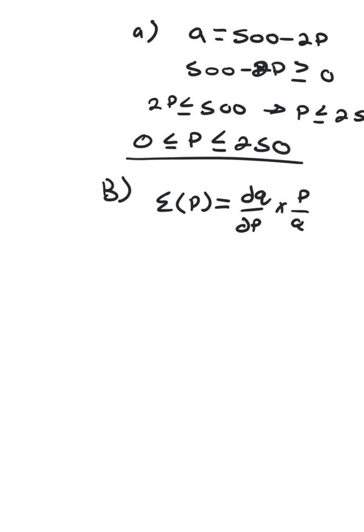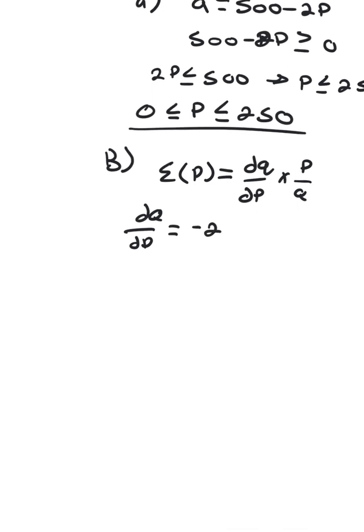So we have dQ over dP equals -2. So the elasticity of the demand is -2 times P over 500 minus 2P.